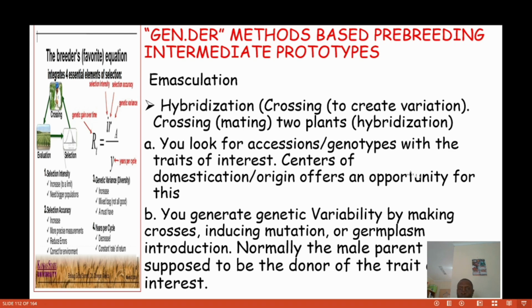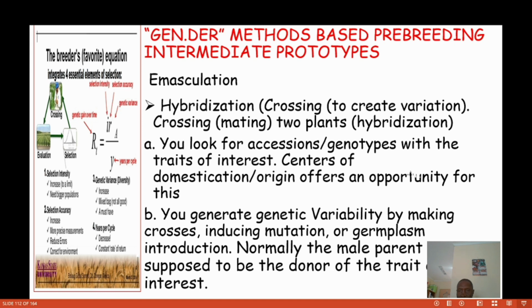So you want to generate additional new variety by making crosses. You can also generate this by inducing a mutation, irradiating. We have the chemical mutagens that can be used for irradiation. You have others that are physical.